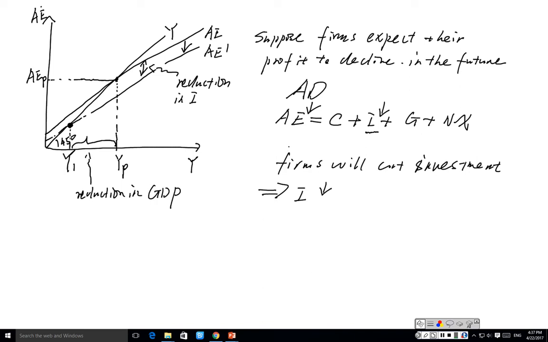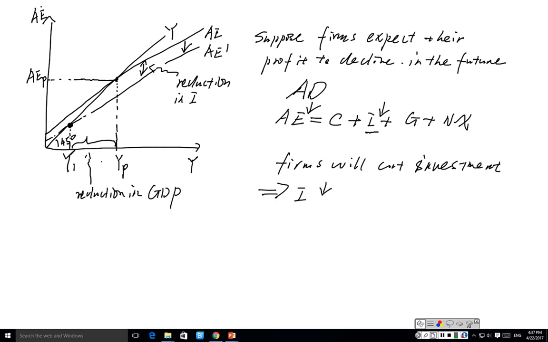Visually, you can easily find that the vertical distance between these two aggregate expenditure curves is much smaller than the change in GDP, the distance between Y1 and YP.